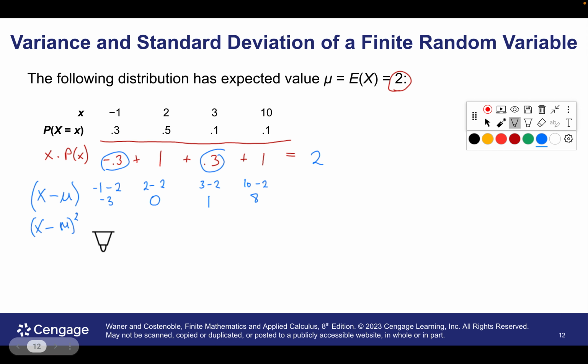Again, we could probably use a calculator for a lot of this. Now we want to square each of these, because you can see we don't get 0, but we do get some canceling out here, don't we?